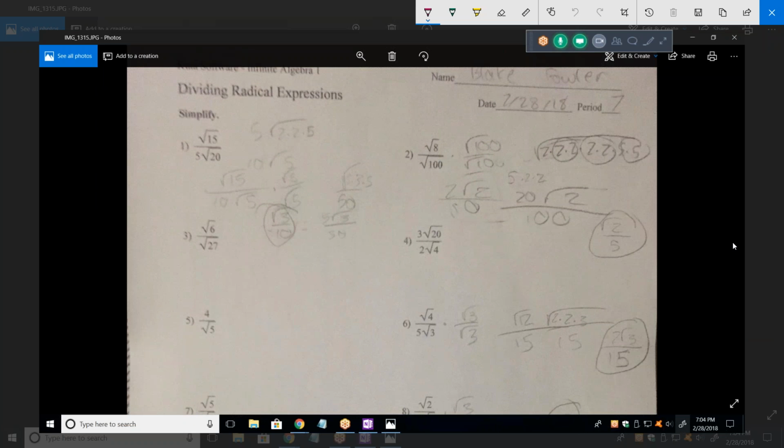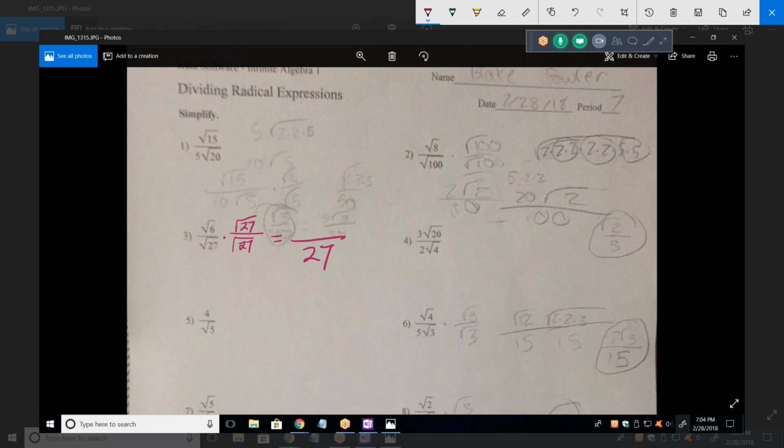So in other words, I can multiply any fraction by the number one. In this case, this is my number one. And that turns the bottom into a rational number. Now, what does it turn the top into?